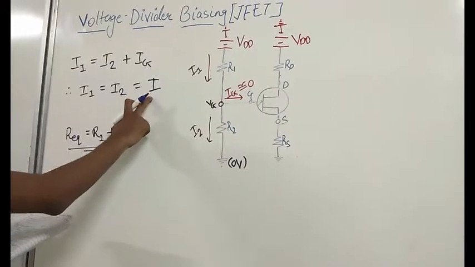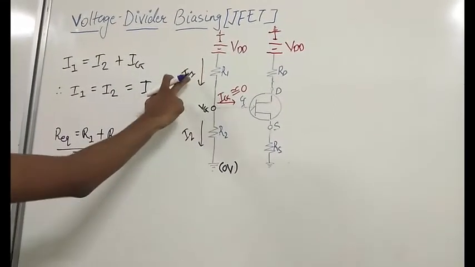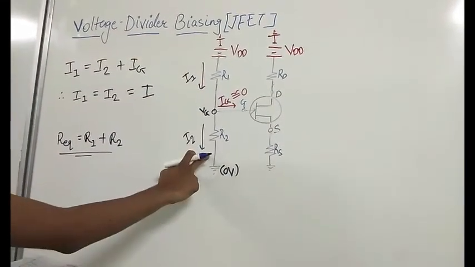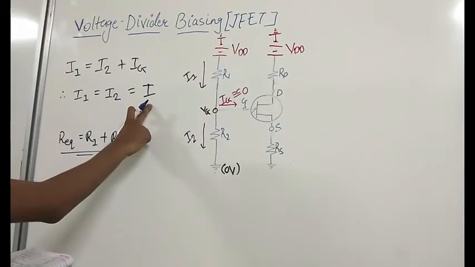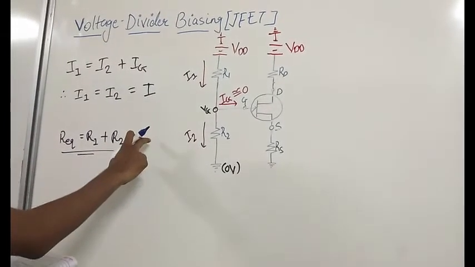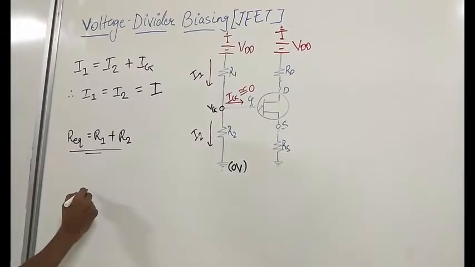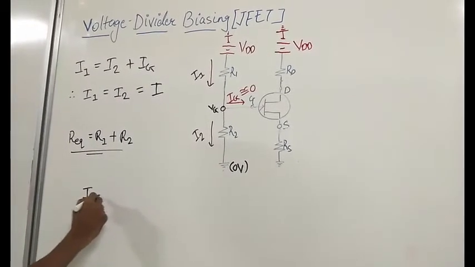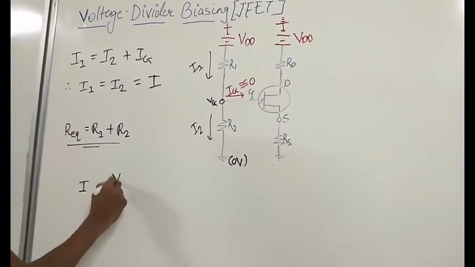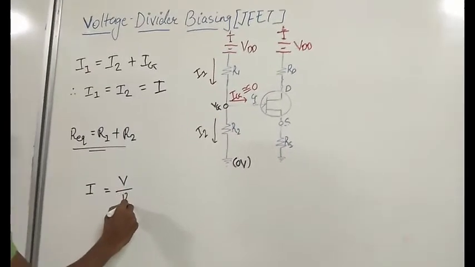So I is the same current flowing from R1 and R2. To find the I, we will use Ohm's law. Ohm's law is current is equal to voltage upon resistance.